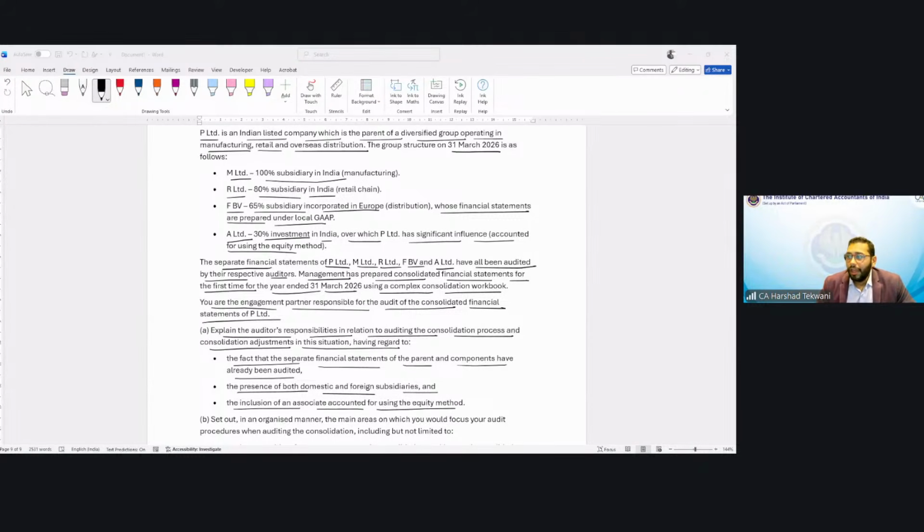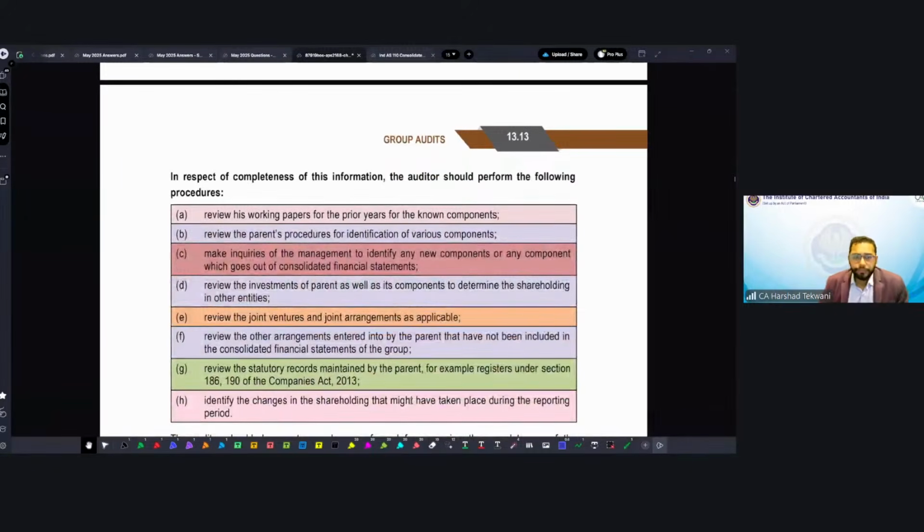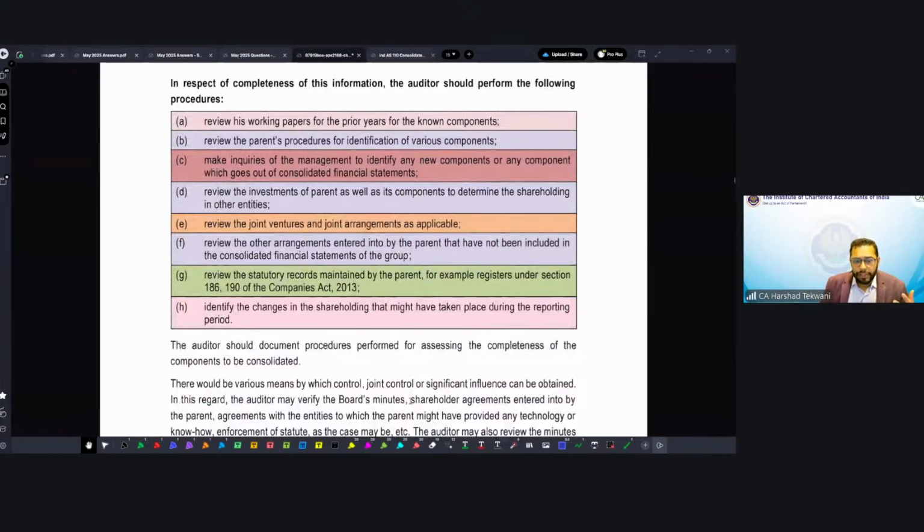If everyone can come to page number 13.13. Sorry, just one minute. The problem with this question is that the work has already been performed.